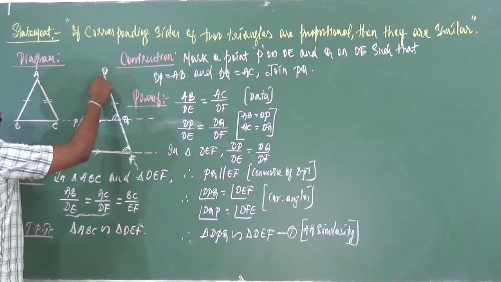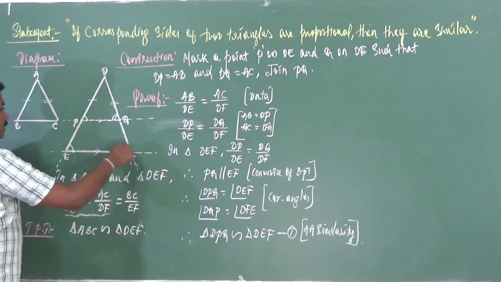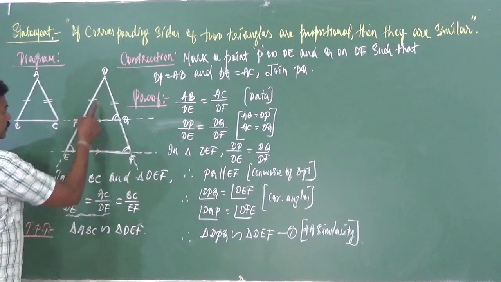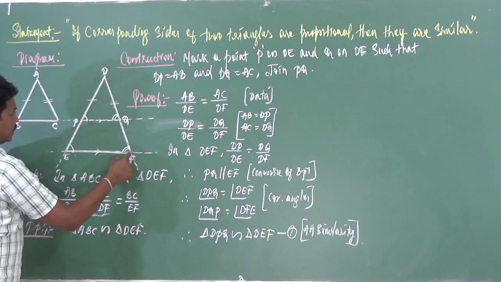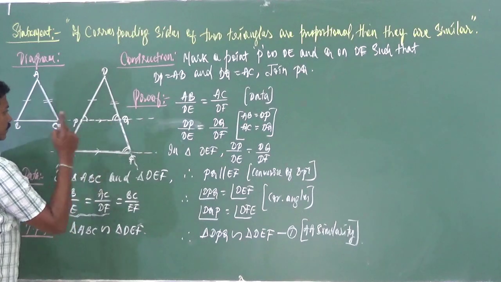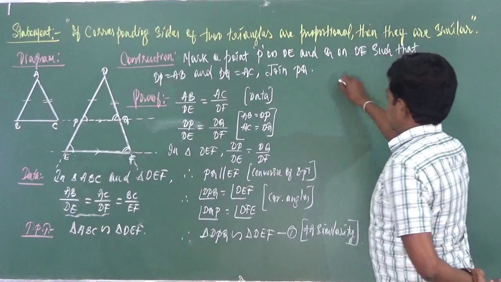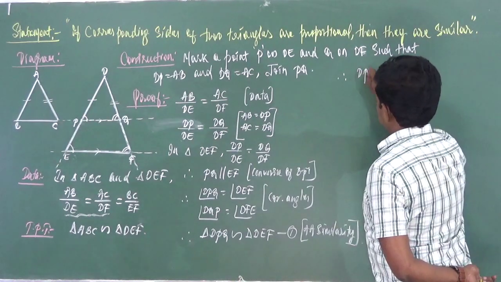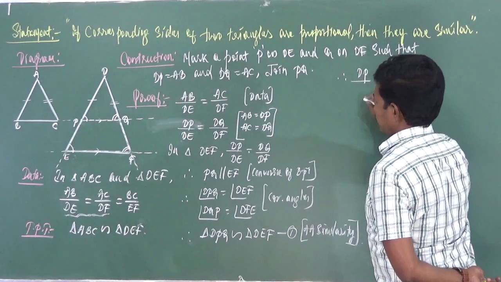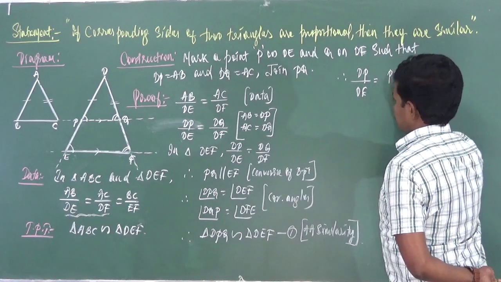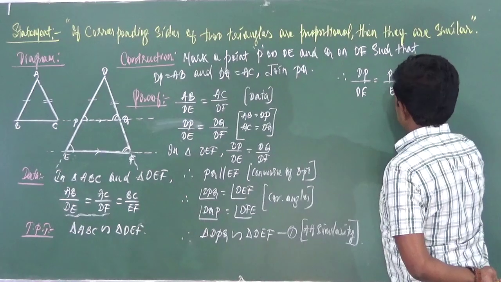In triangle DPQ I take DP, in triangle DEF I take DE. So DP by DE is equal to DQ by DF is equal to PQ by EF. Therefore DP by DE is equal to PQ by EF.